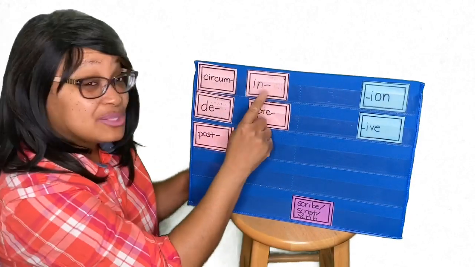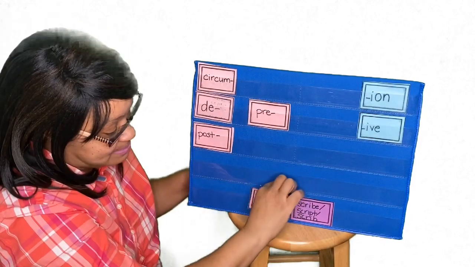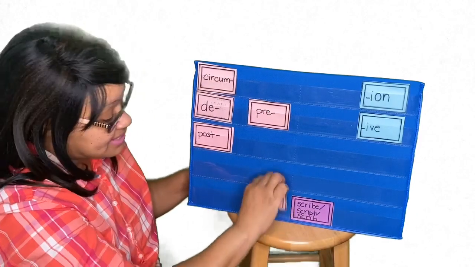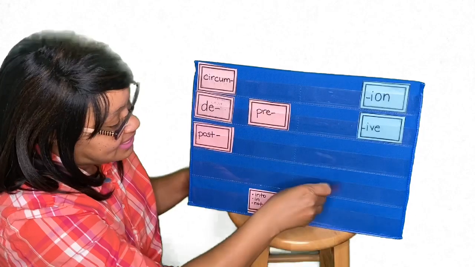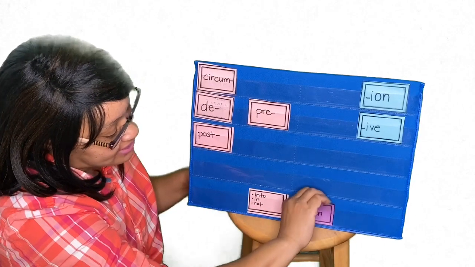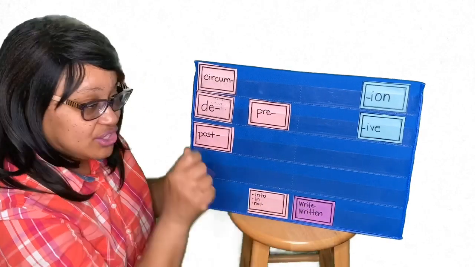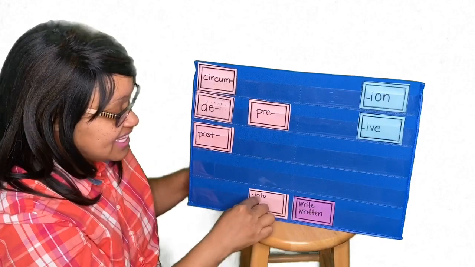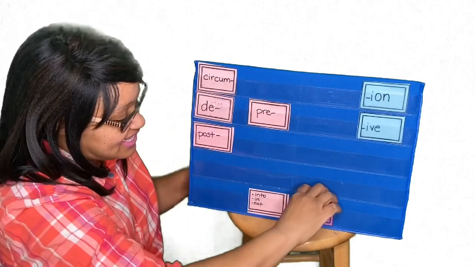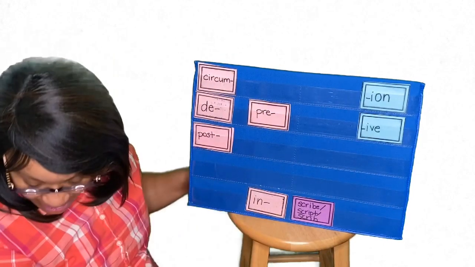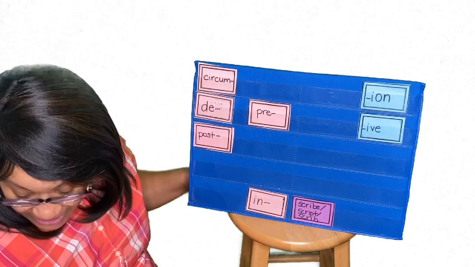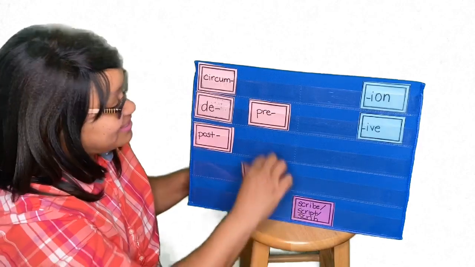And in is probably going to be our best bet because in actually means in. That's one of the meanings. And scribe is write. So write in when you inscribe or write into a surface. Inscribe. Okay, so inscribe means to write or engrave on some surface.